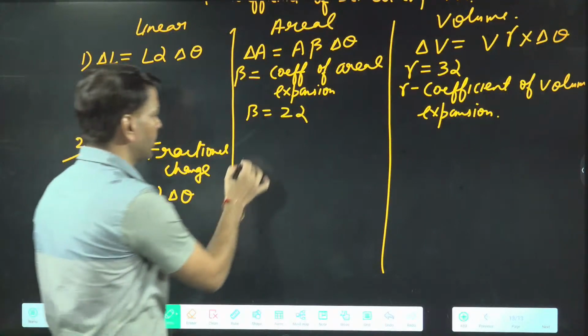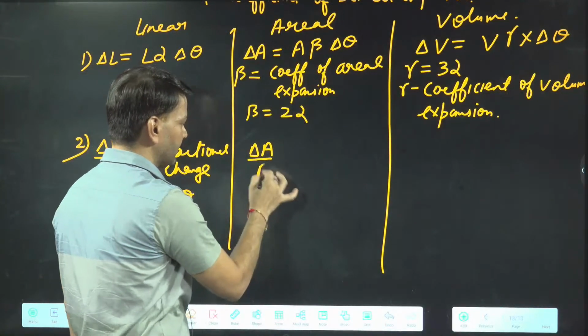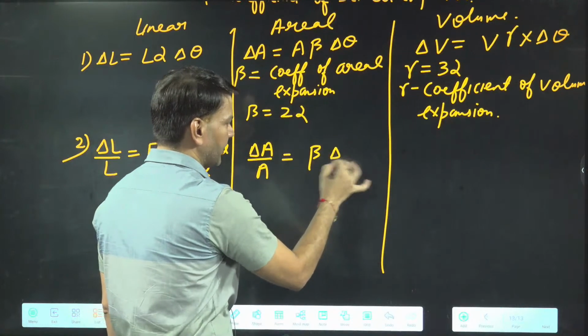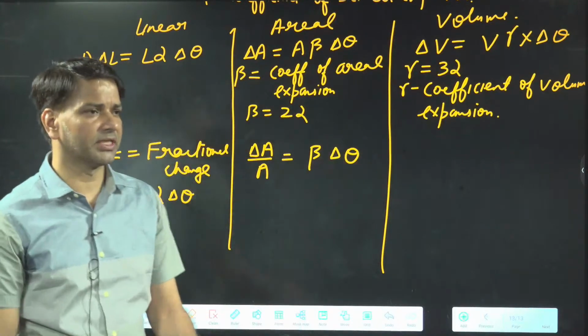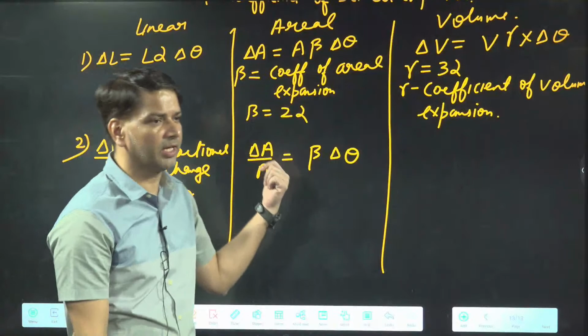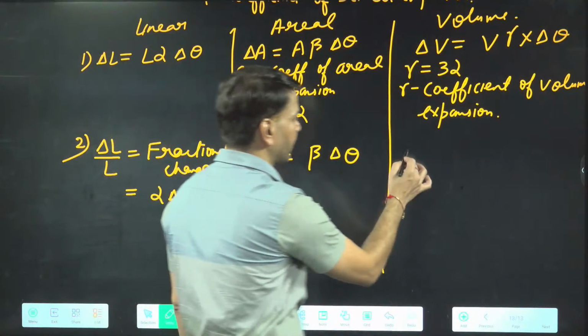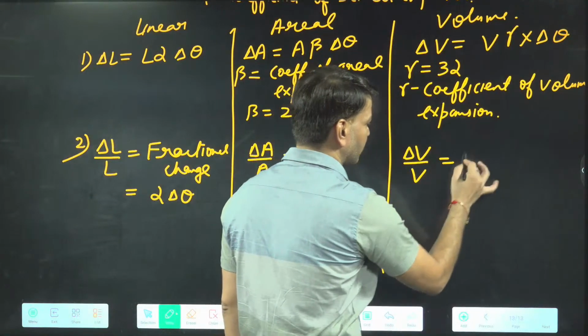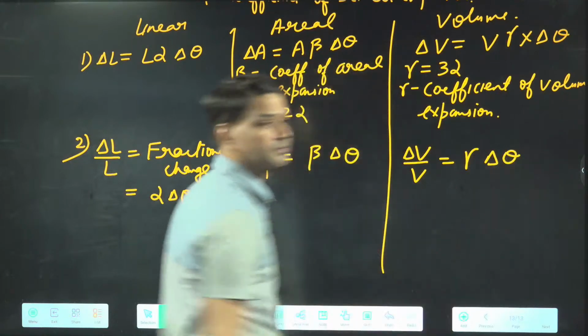Similarly, delta A by A is beta delta theta. Sometimes they will give the percentage change, so you multiply the fractional change with 100. And delta V by V is equal to gamma into delta theta.